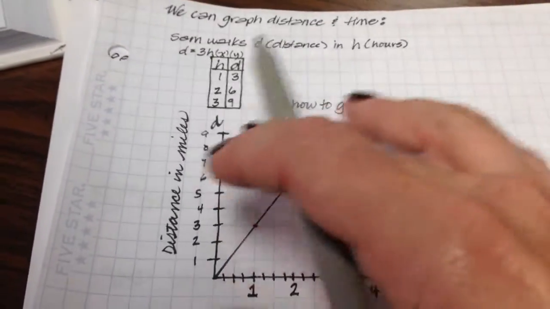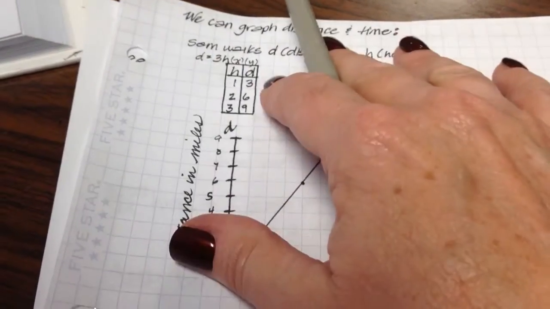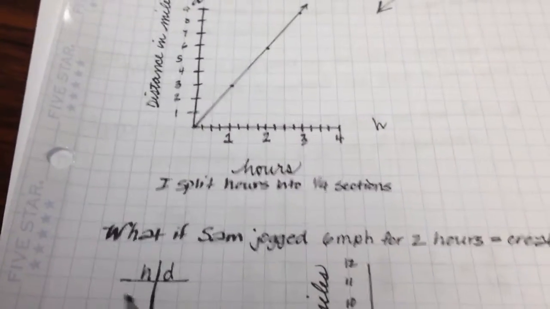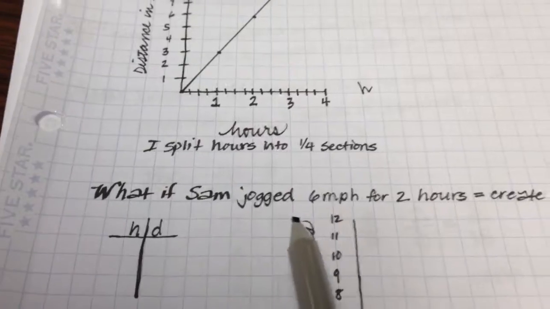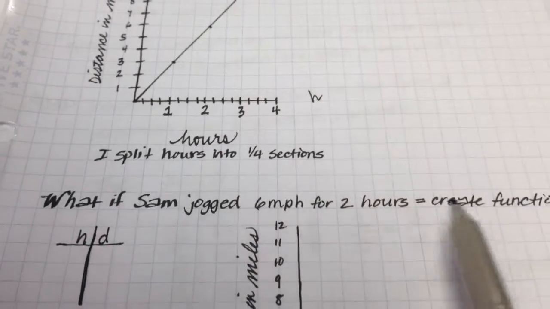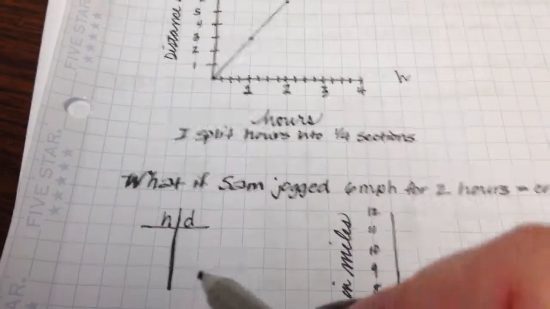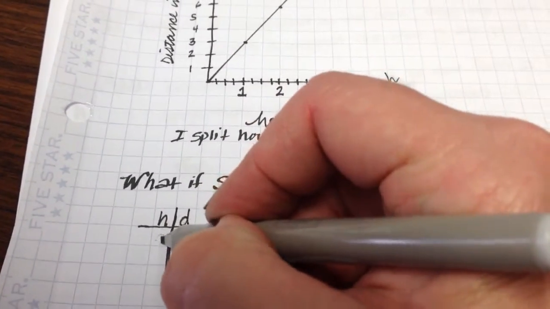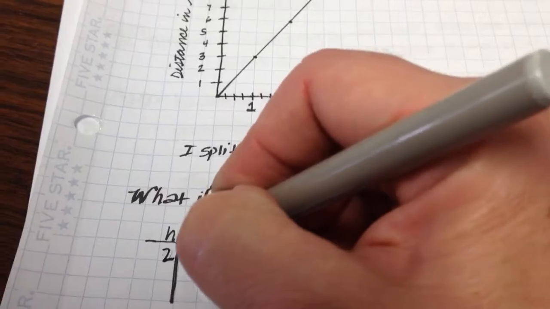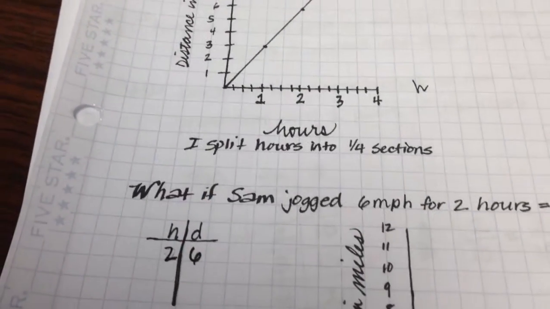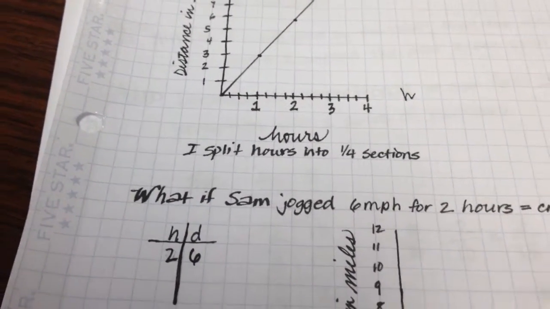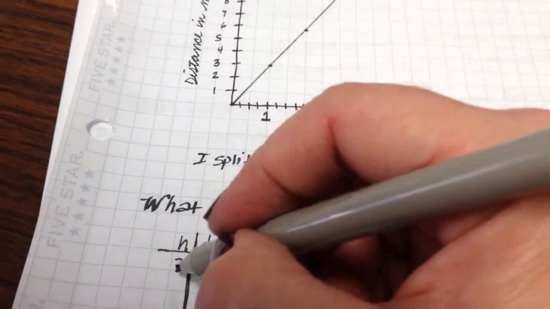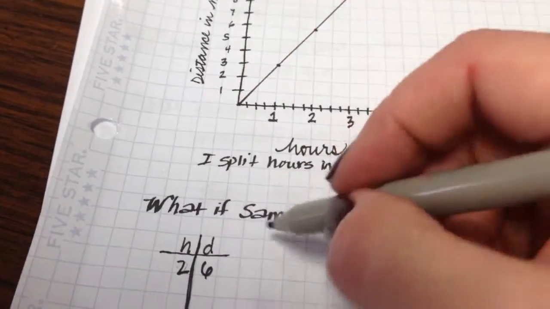All right, so we can use this logic to fix this one. What if he jogged 6 miles in 2 hours? Create a function table. So let's say in 2 hours he went 6 miles. Well then, how many miles would he go in 3 hours? Here, let's write the function.